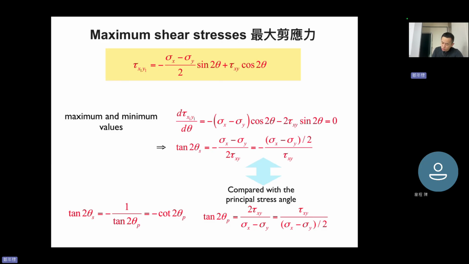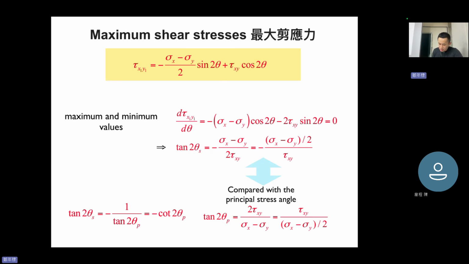All right. So you compare with the principal stress angle. You see, this is 2 theta p, and this is 2 theta s. You compare a little bit. We want to find what the relationship between theta s and theta p is.